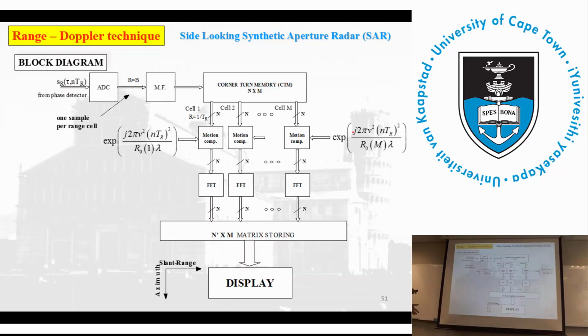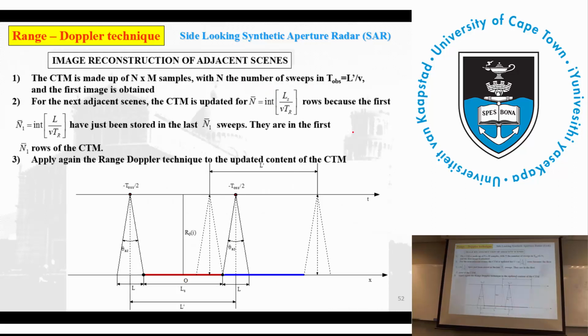So when you update your matrix, you don't throw out the whole matrix and replace it with a new one; there's a bit down here that you keep, because the last samples that you used for the previous image formation you have to use as the first samples now. So when you stitch up these two range Doppler images, they stitch up with no gaps and no overlap. That's the way you pretty much update these things.